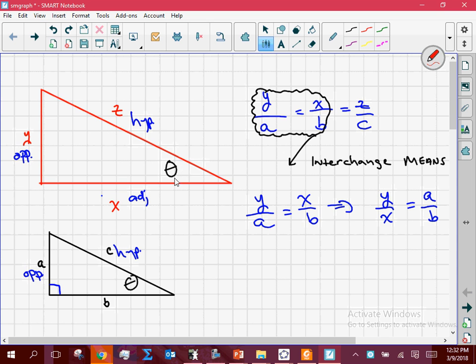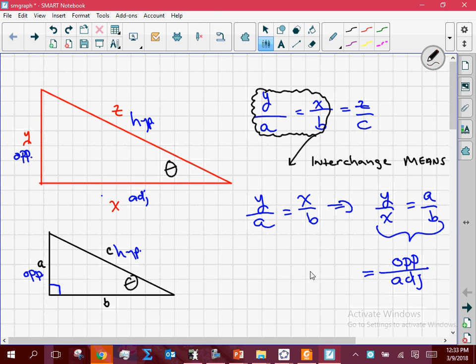If I'm looking at theta, and y is opposite, x is adjacent, right? I'm looking down here, a is opposite, b is adjacent. So these both are opposite divided by adjacent. For any two right triangles that have the same theta, the opposite divided by adjacent right here is being shown that they're equivalent. We define that.